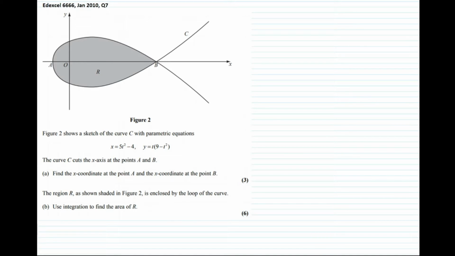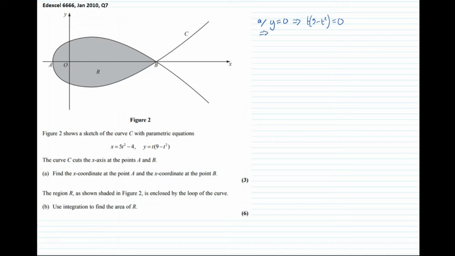So part a, what we need to do is let y equal 0. We know A and B are when y equals 0. So y equals 0, which in turn implies that the expression for y in terms of t, t(9 minus t squared), also equals 0.